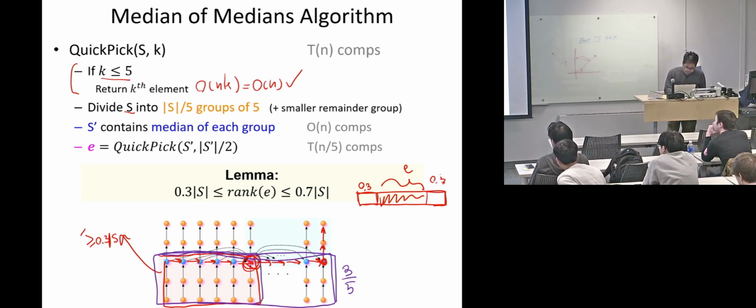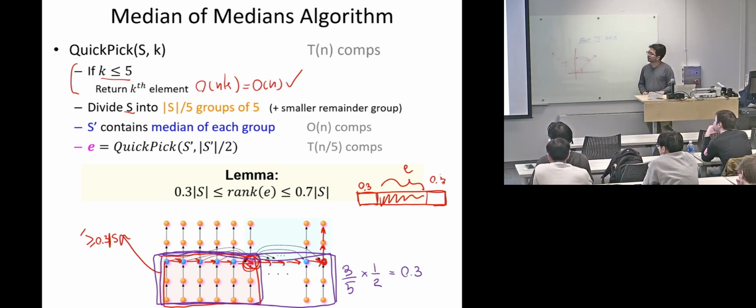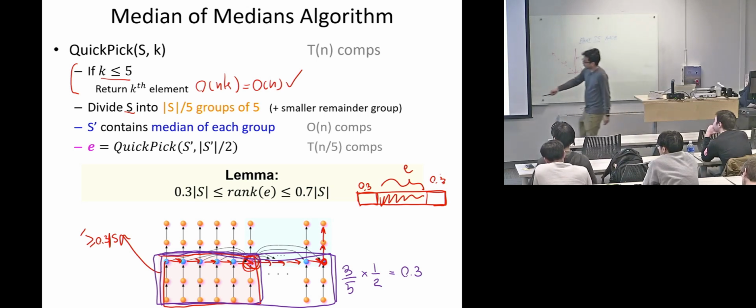And the red set here is at least half of the purple set, right? So the red set is at least half of this, which is 0.3. So you get that the red set is at least a 0.3 fraction in size.